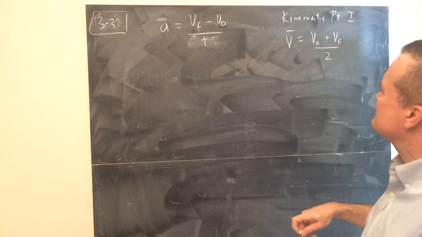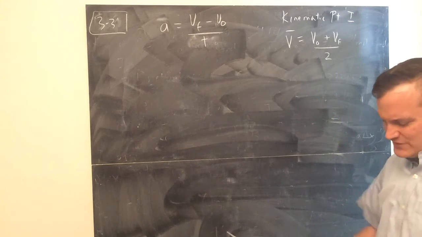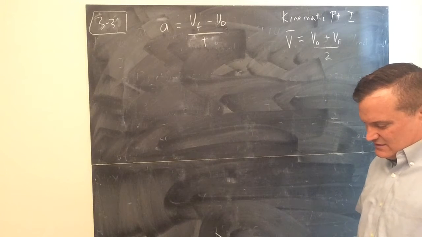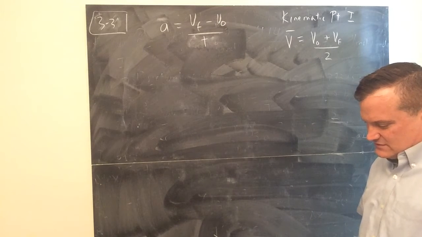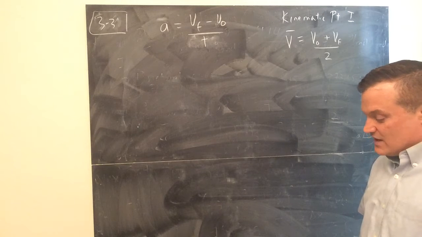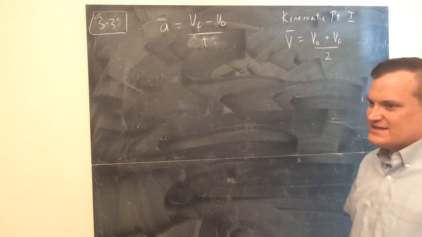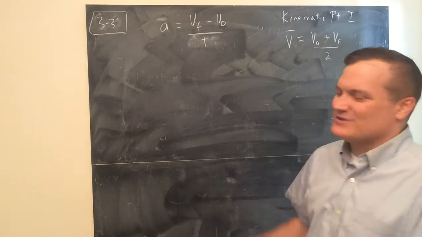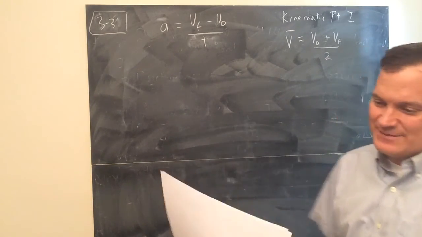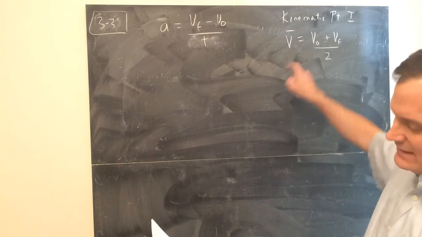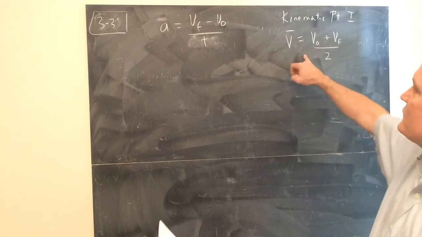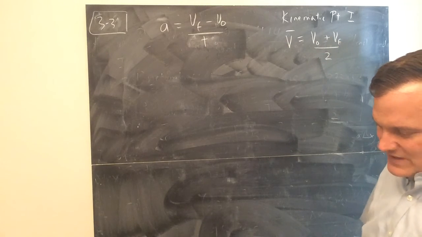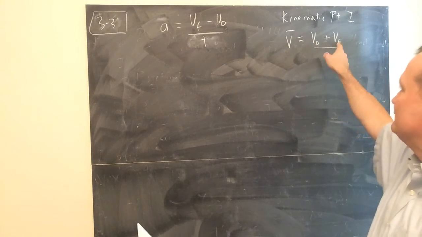What's written on the paper about average velocity equaling the initial and final is true only if the velocity is constant, but we're not going to have constant velocity in these problems. I don't know why I wrote that in the notes. That's true, but it doesn't apply. This is what I probably need to point out: this is another equation you can use. If you know initial and final velocity, you can find the average, or if you know the average and one of them, you can find the other.